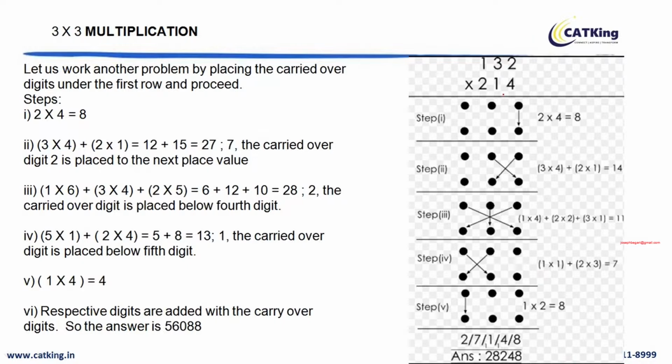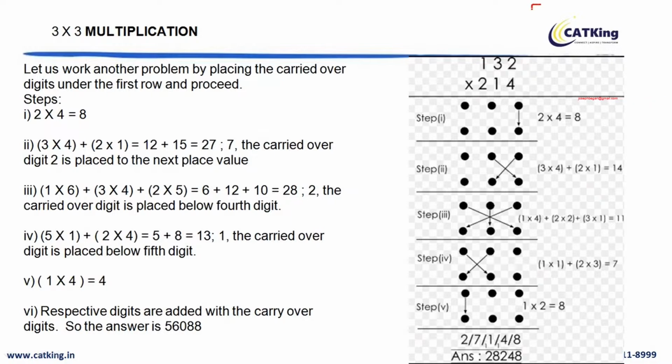Now we'll ignore these two numbers and cross multiply again. 1 into 1 plus 2 into 3, which is 1 plus 6, 7. And last but not the least, the extremities of the left hand side, which is 1 into 2, which is basically 2, and you can write it as 02. Now what are the numbers that we've gotten?